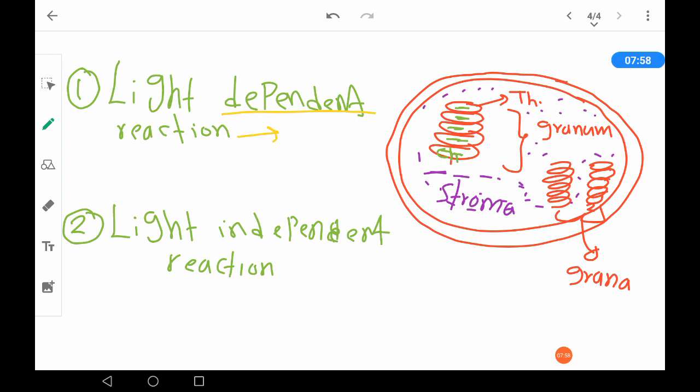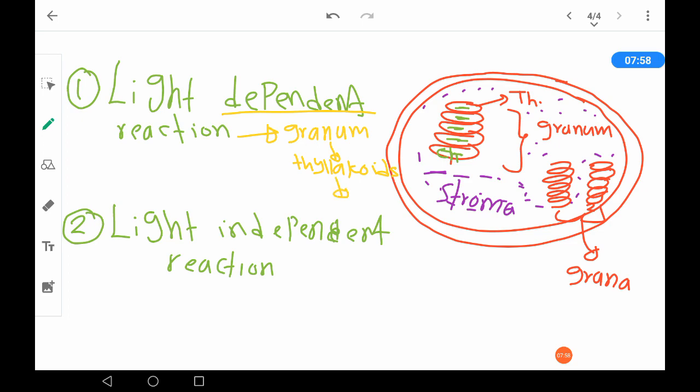It takes place in the presence of light, depends on light. It takes place in the granum, or we can say it takes place inside the thylakoid, smaller part of granum.